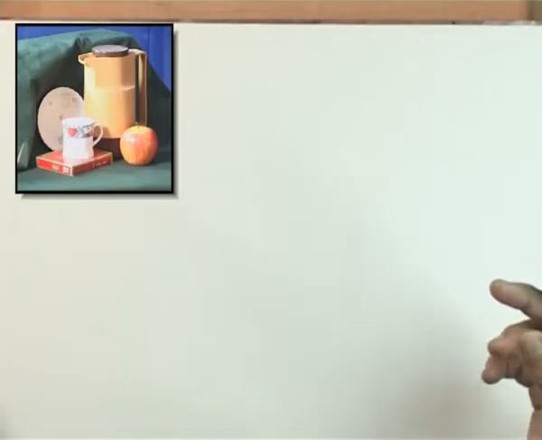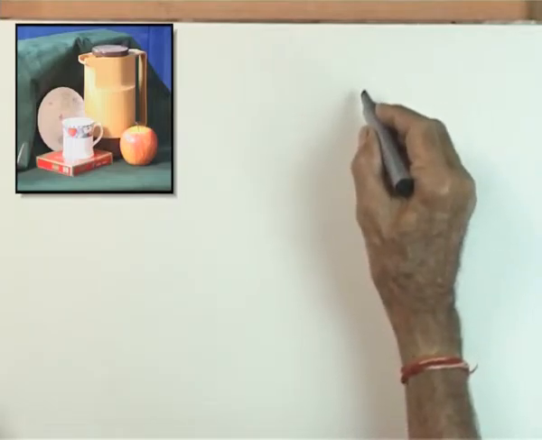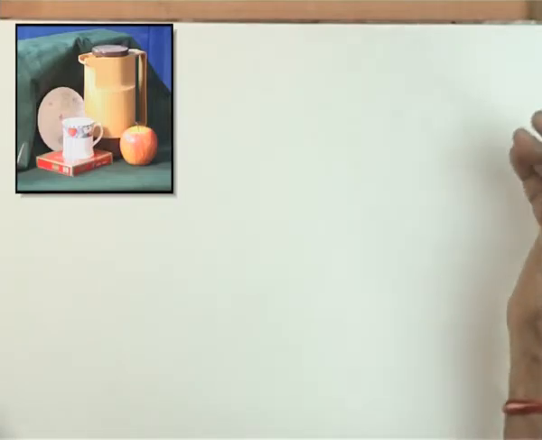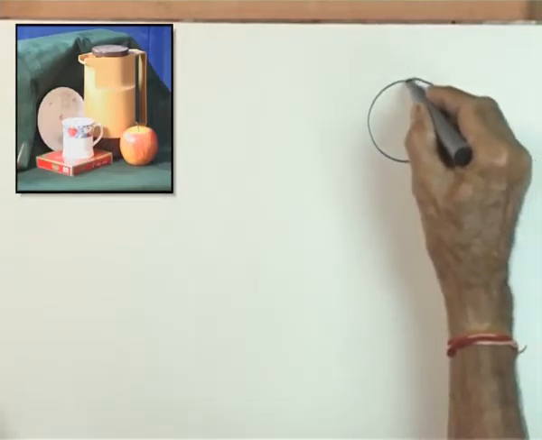Now what we do in rendering, we go to the elements of this particular form. Now in this instance, there is a cylindrical form before us. There is a lid, a round lid before us.